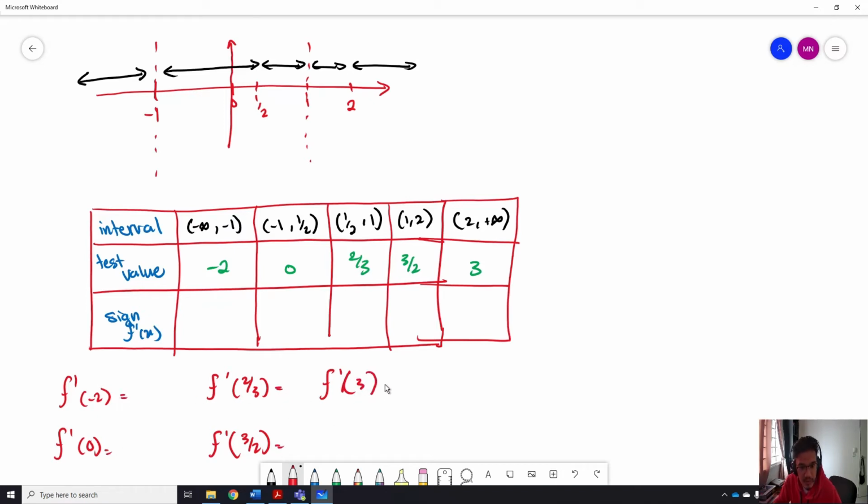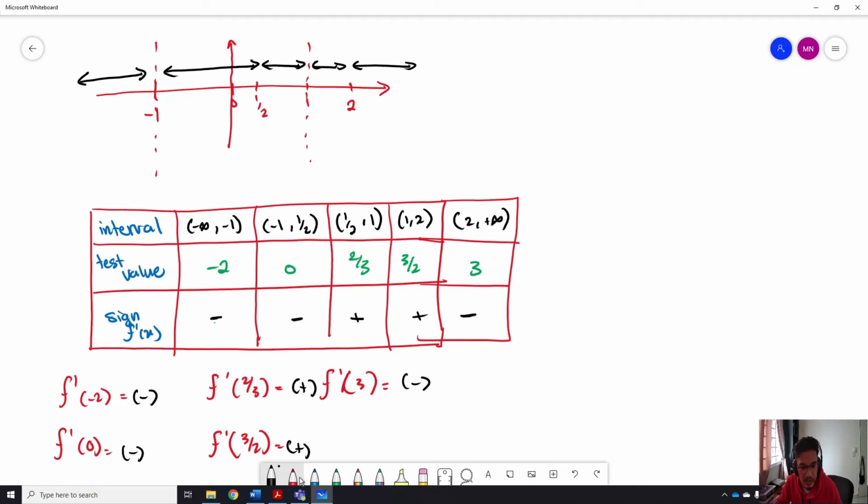We want to focus on the sign of the final answer. Here we get negative, negative, positive, positive, and negative.